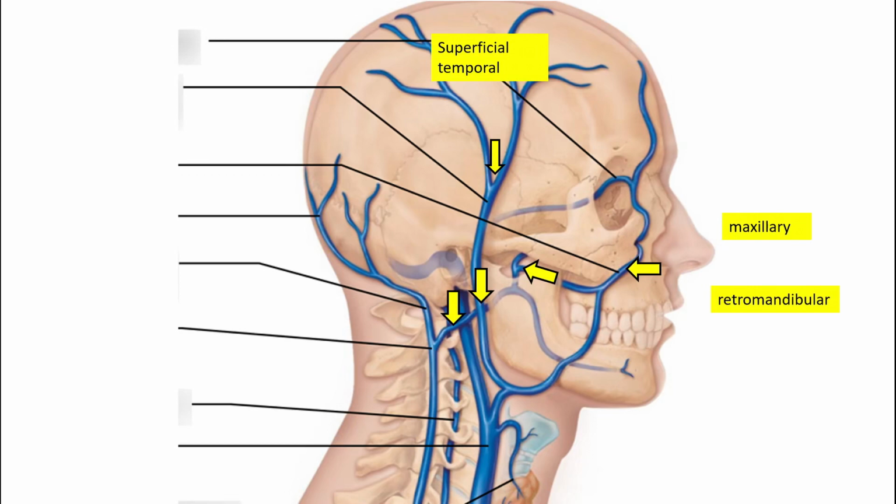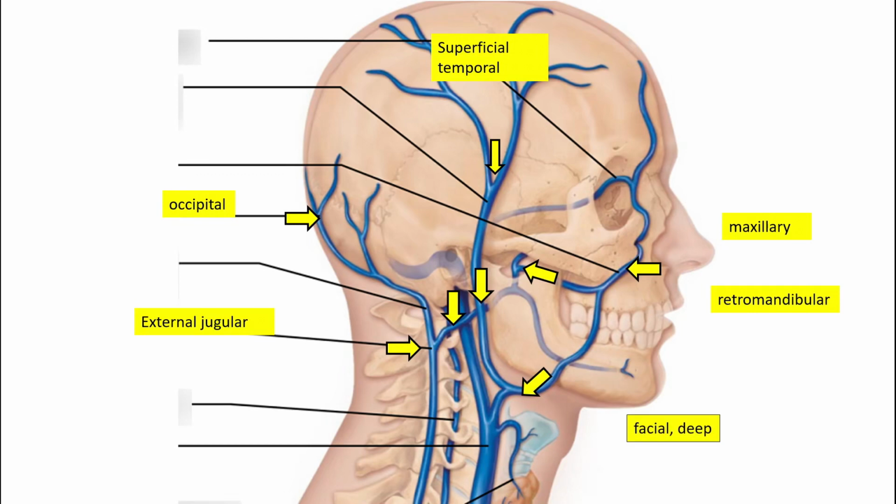The posterior one is going to meet the occipital vein, and the occipital vein plus the posterior branch of the retromandibular vein will form the external jugular vein.